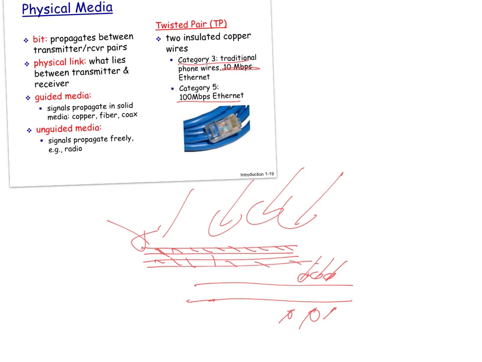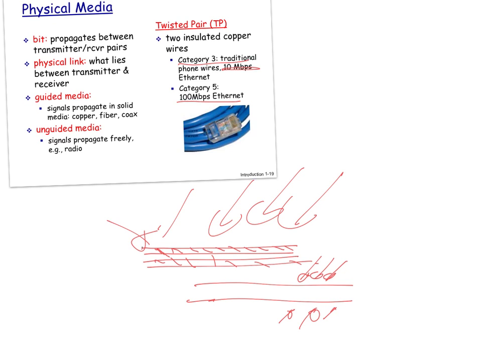By twisting, you make the interference sort of even on both wires, because you cannot say one wire is above the other, since they are twisted. So the interference, if it happens, is evened out throughout the whole wire, which is a good feature.